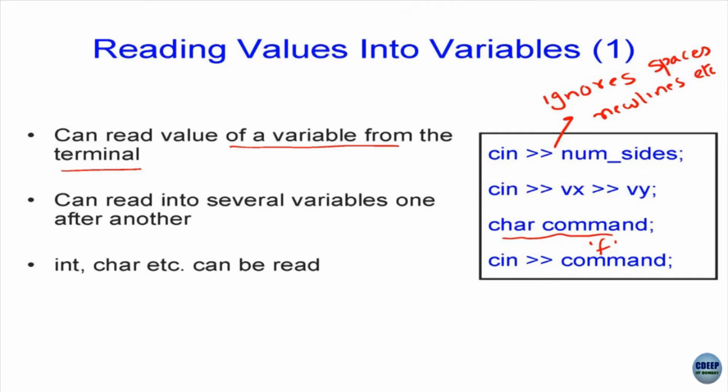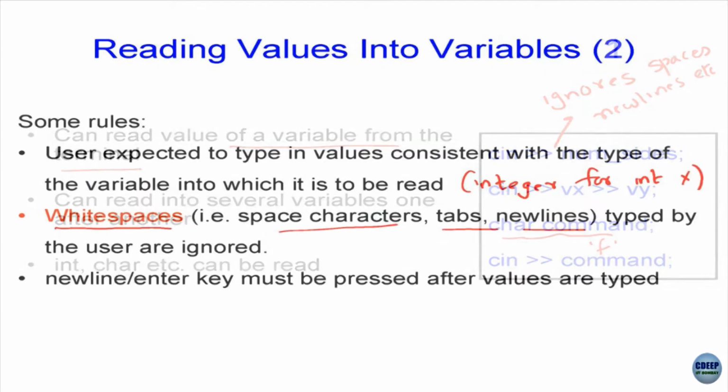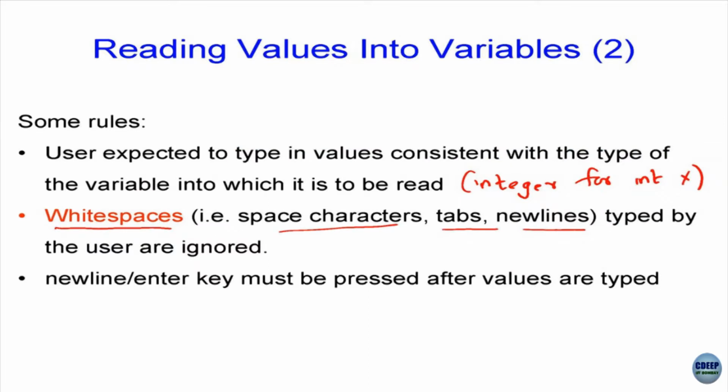This process of taking in the input. I could also take in a char, like I took an int. For example, this could be just f. Okay, so exactly what we observed in the program is written here. User is expected to type in values consistent with the type of the variable into which it is read.